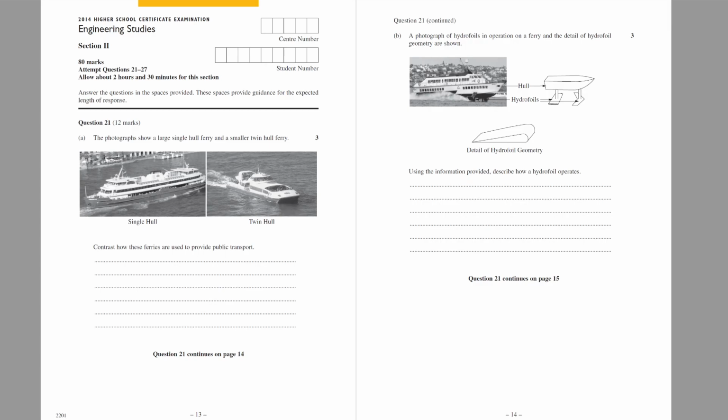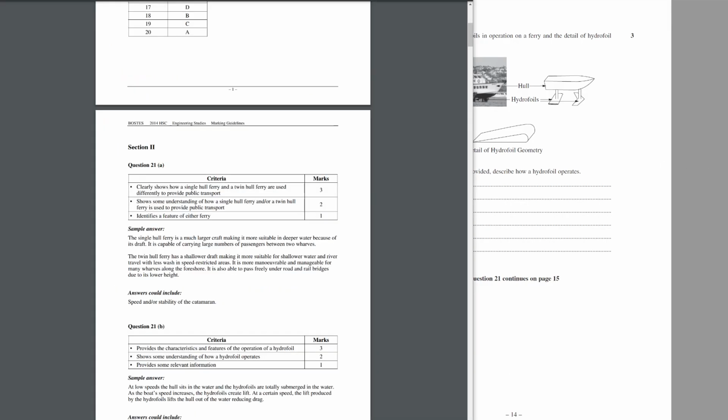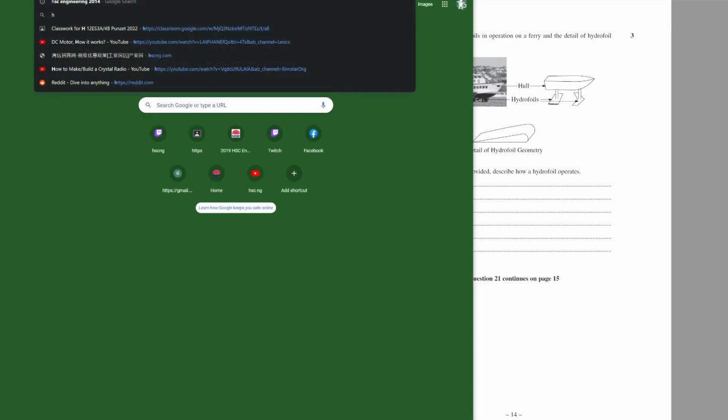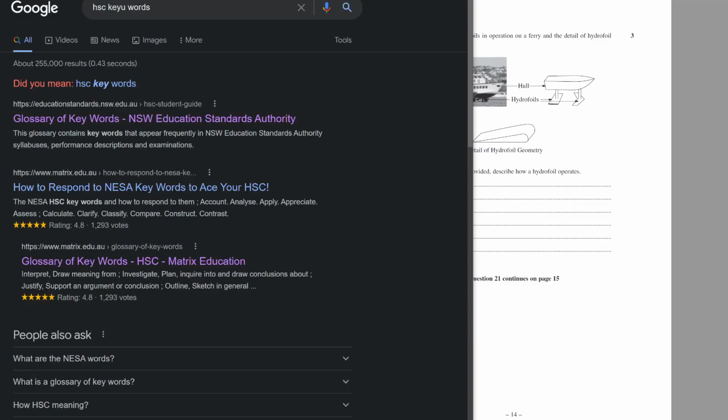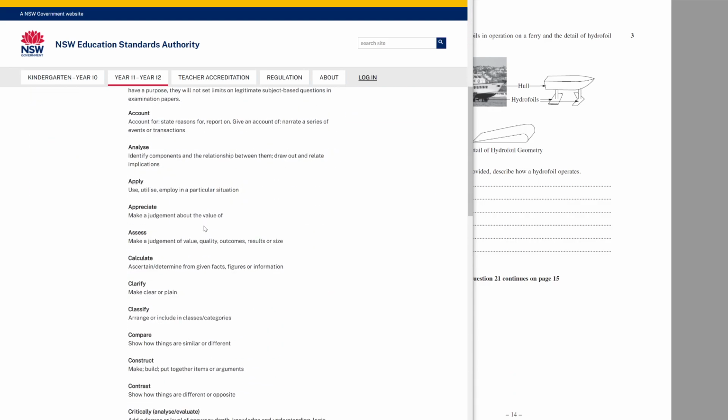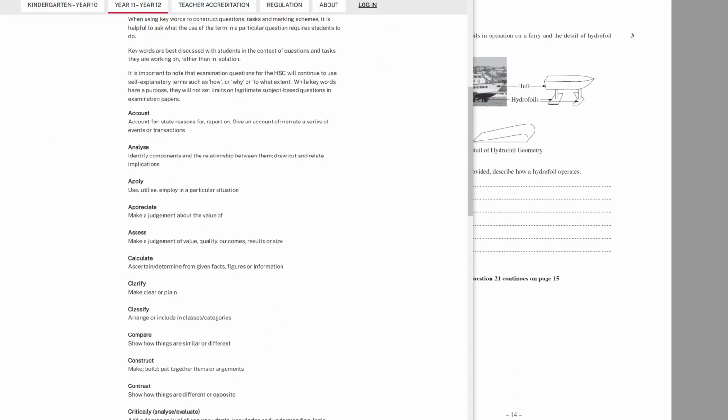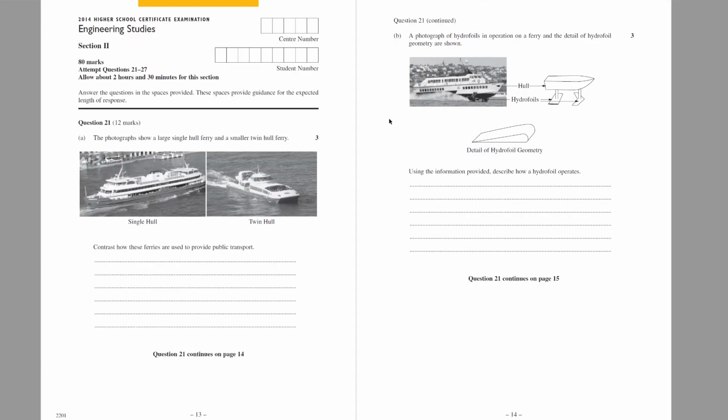Contrast. Now, I haven't looked up the HSC keyword, but let's have a quick look at that one. Contrast. Show how things are different or opposite. Okay, so how are these things different? So we can say, contrast how these are used to provide transport.